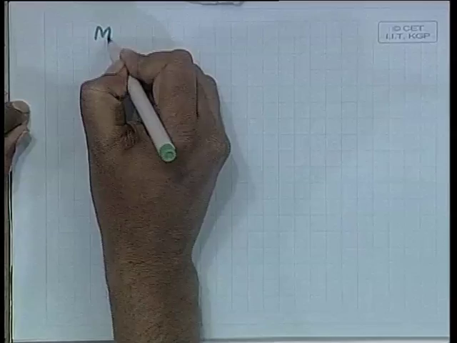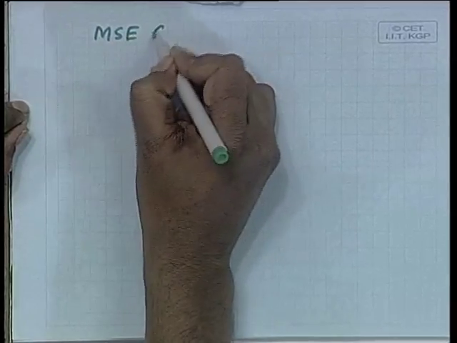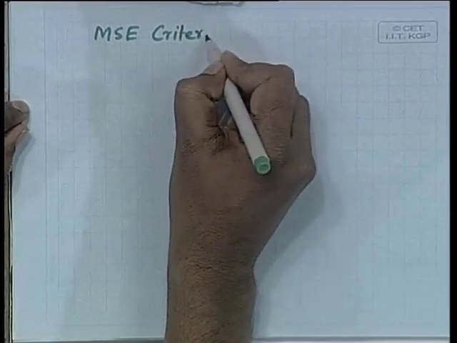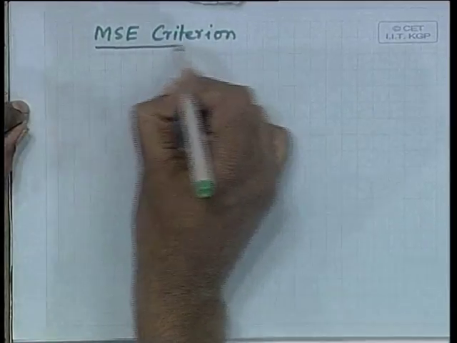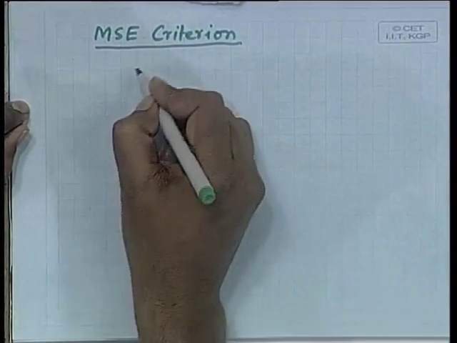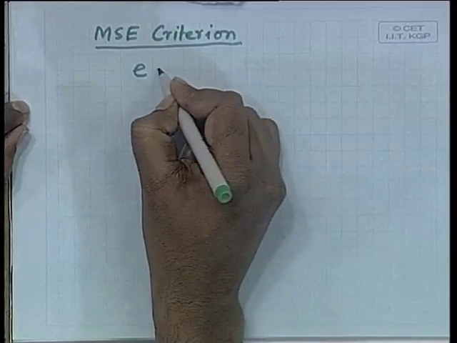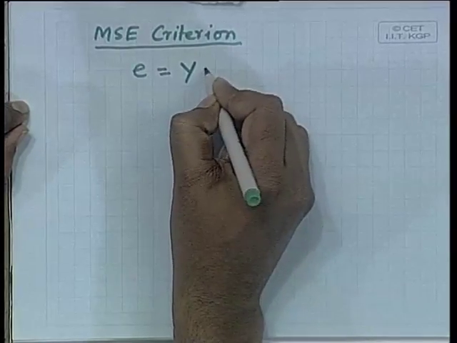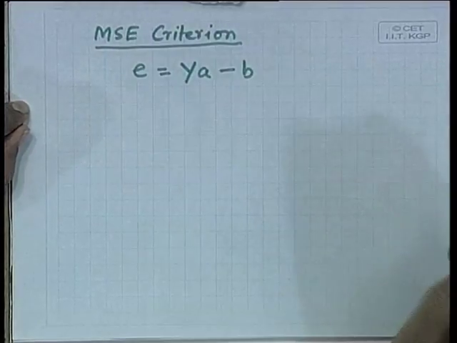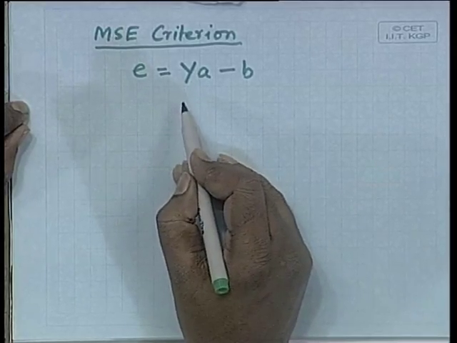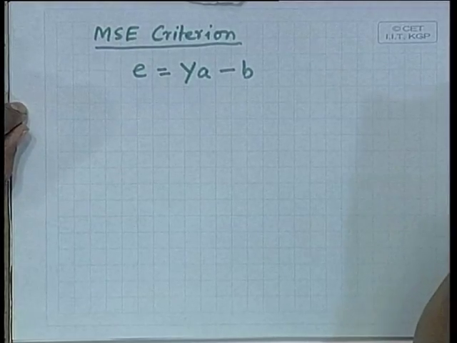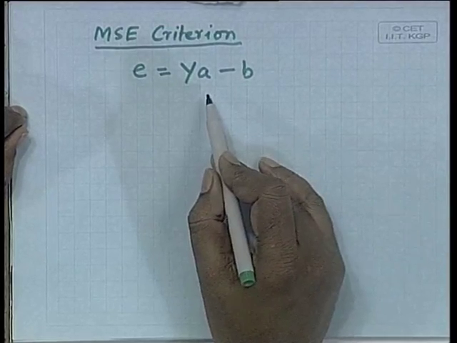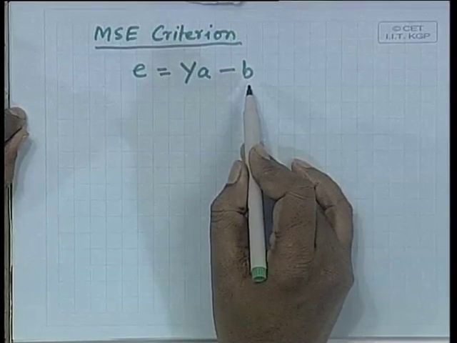So, in such case, we have this minimum squared error algorithm or MSE criteria function, where the criteria function is based on an error measure, where error is nothing but y a minus b, where y is the collection of all the training samples. Okay. A is the weight vector and b is called a margin vector.